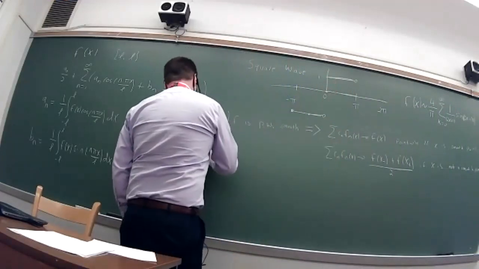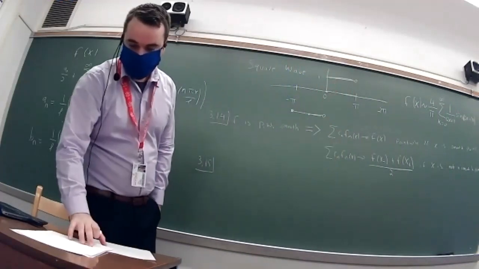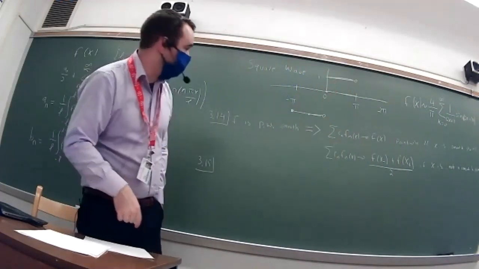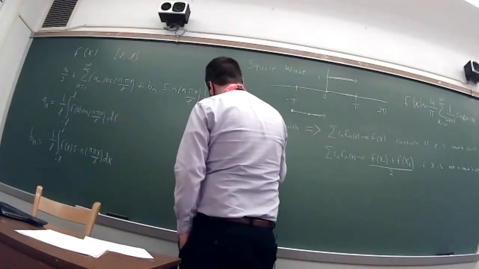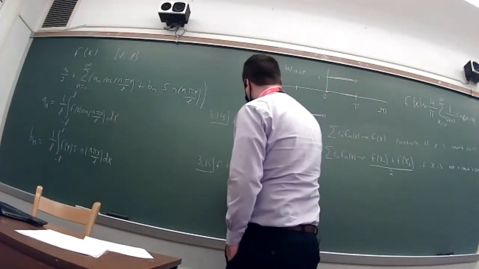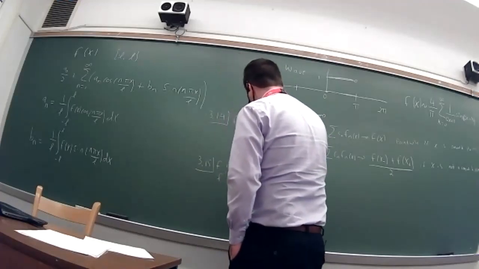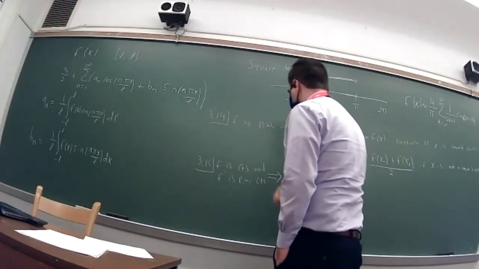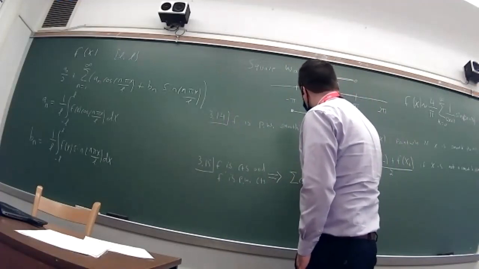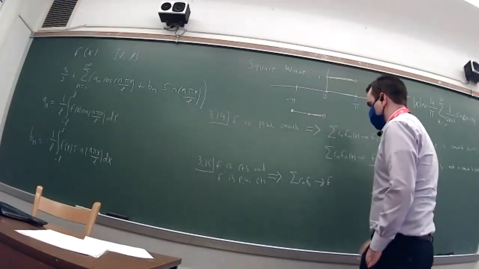Right after this is theorem 3.15 that says if f is continuous and the derivative F prime is piecewise continuous, then the series converges to F uniformly.